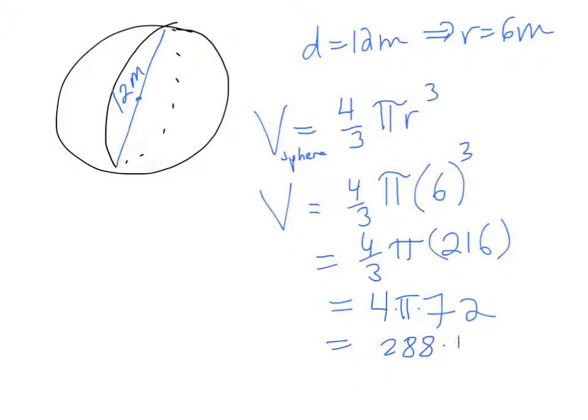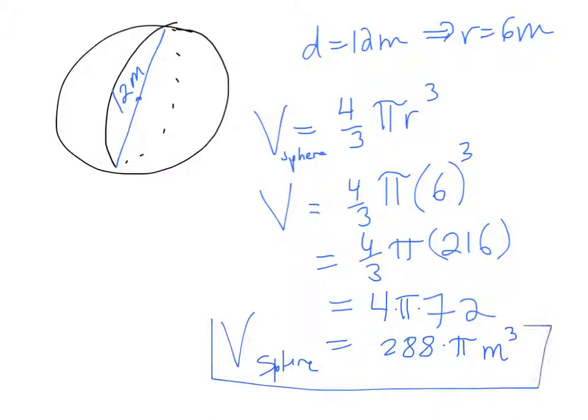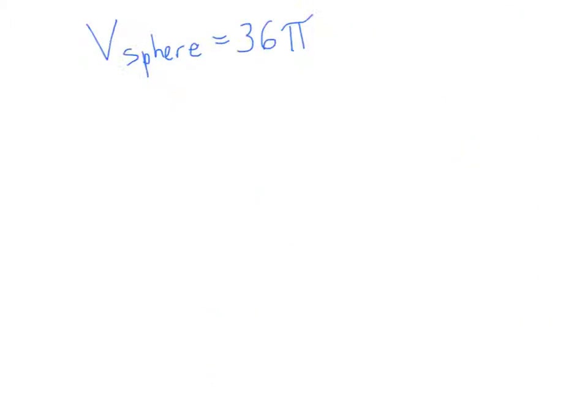Don't forget to multiply by pi. And you can just write 288 pi. We understand that when we say 288 pi, we mean 288 times pi. And don't forget that our units will be cubed. That's the volume of my sphere.